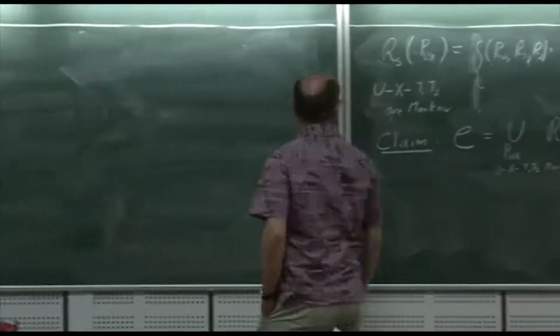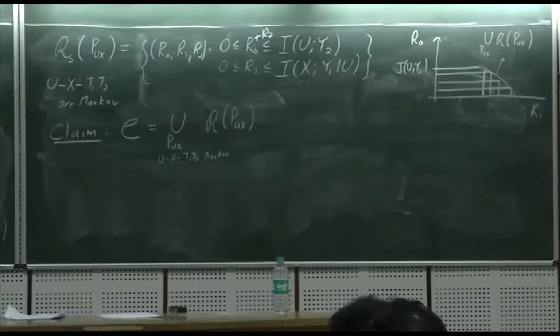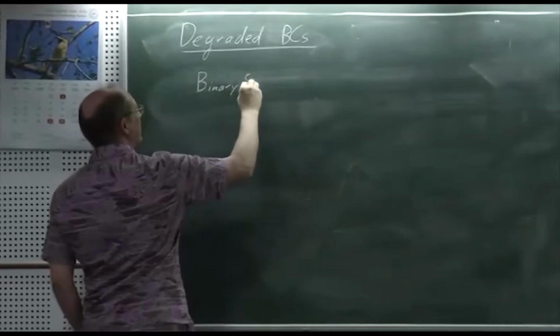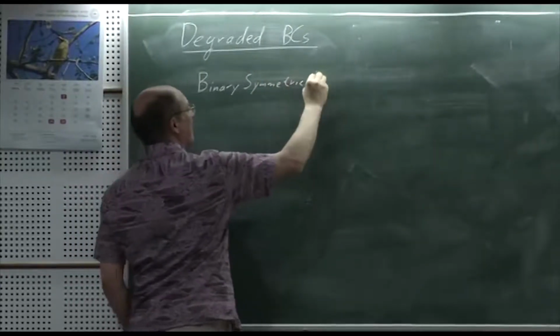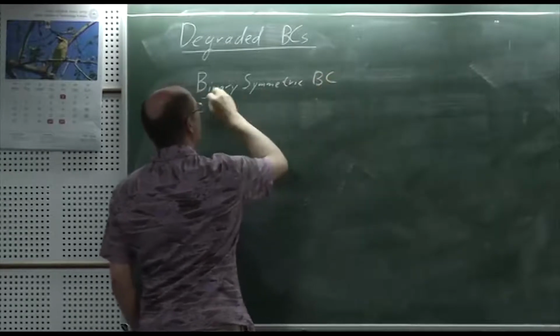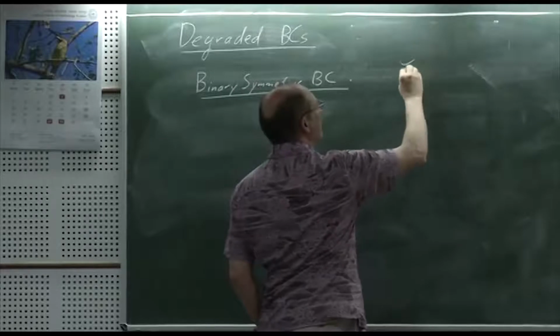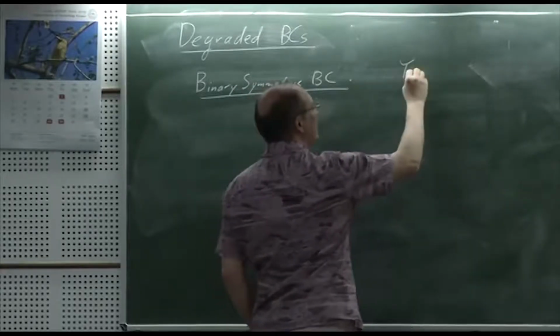So let's do some examples of degraded channels. I will start with the binary channel. This is sometimes called the binary symmetric broadcast channel. The idea is it's like the Gaussian channel. Everything's binary, all alphabets are binary.